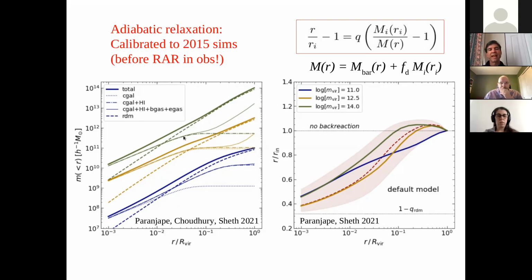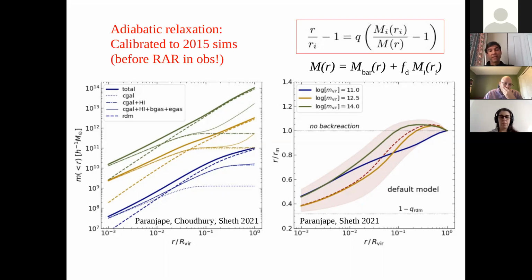To the stars, we can add the HI gas, and then to the HI gas, we can add the other bound gas or gas that was ejected, based on calibrations to the hydro simulations of what supernovae would have done. So this is all done without thinking about the radial acceleration relation at all.